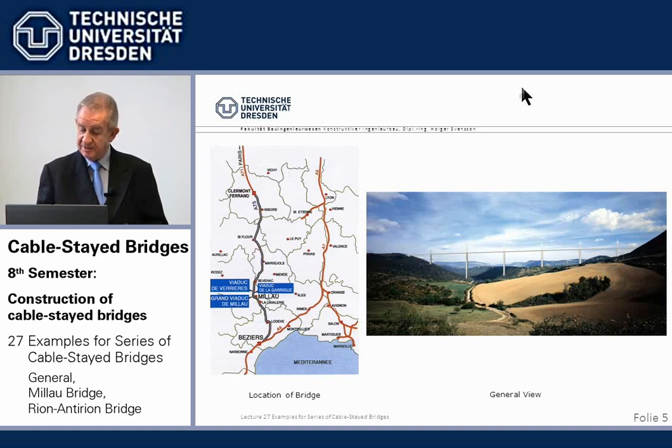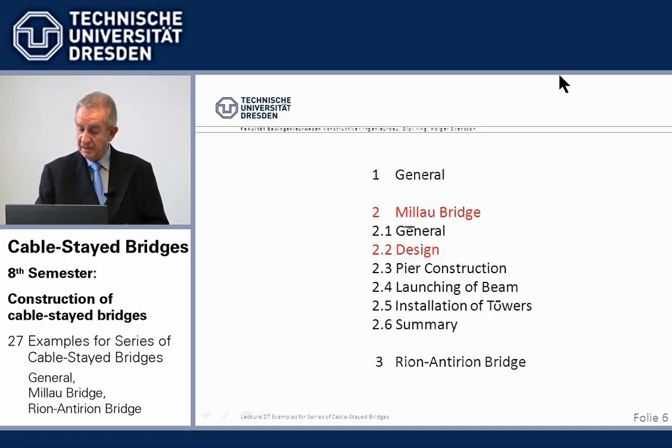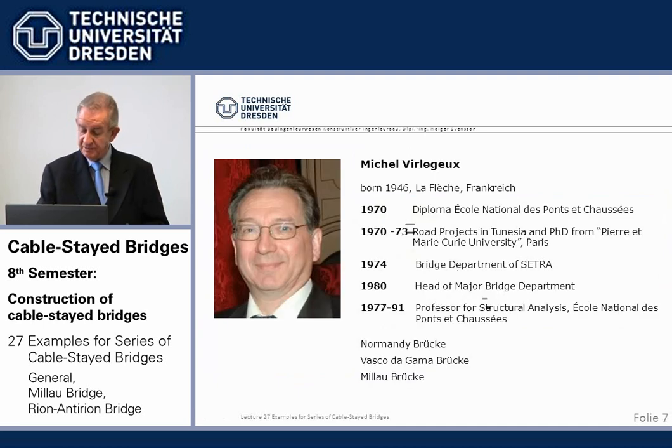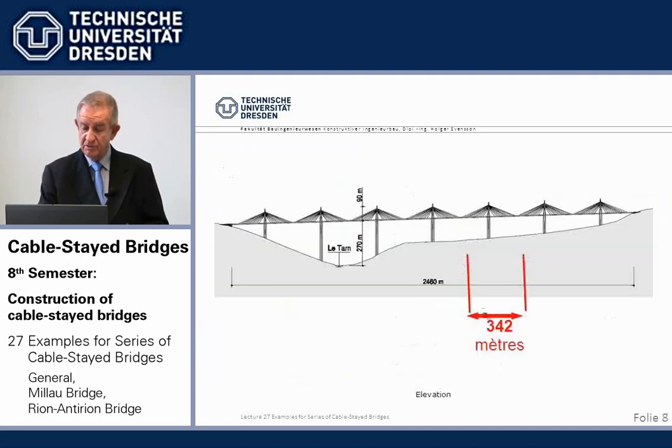But this meant that we are 270 meters high above the valley, and finally it turned out the most economic span is 342 meters. Now, 270 meters is a lot.